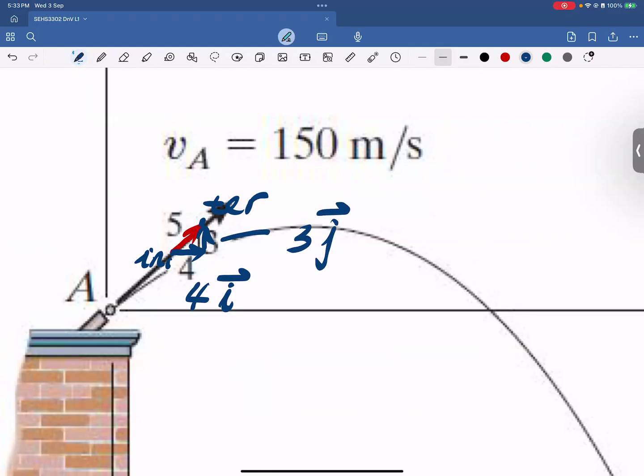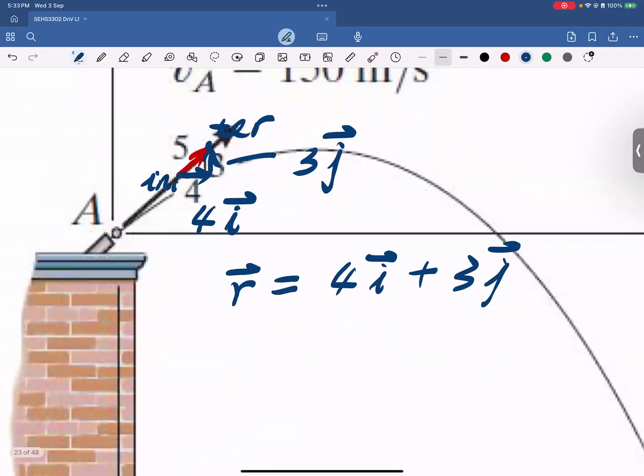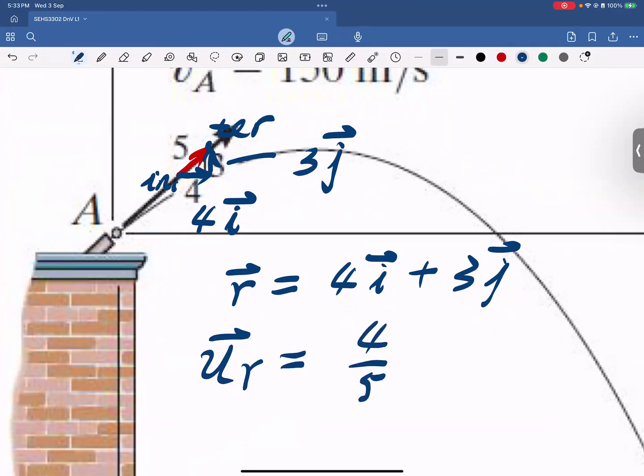So finally, we have this red vector, we call it R, for red, which is 4i plus 3j. We got the vector. And next step, we just normalize it. So the unit vector of R, we call it UR, is 4 over 5 i plus 3 over 5 j.